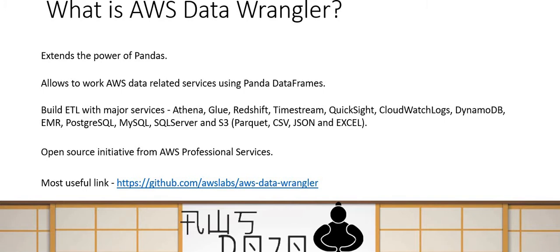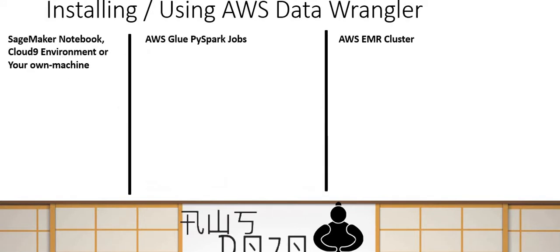Having said that, let's try to understand how you can install or use AWS Data Wrangler. I'm putting it into three examples over here, and I think these three use cases cover almost everything about the way you can use Data Wrangler. First, you are probably using a SageMaker notebook, or an AWS Cloud9 development environment, or your own machine.